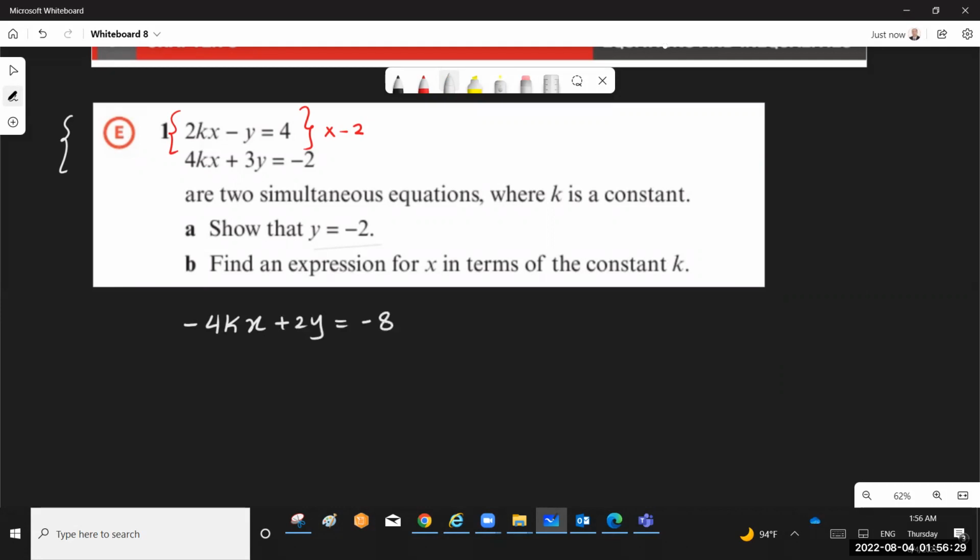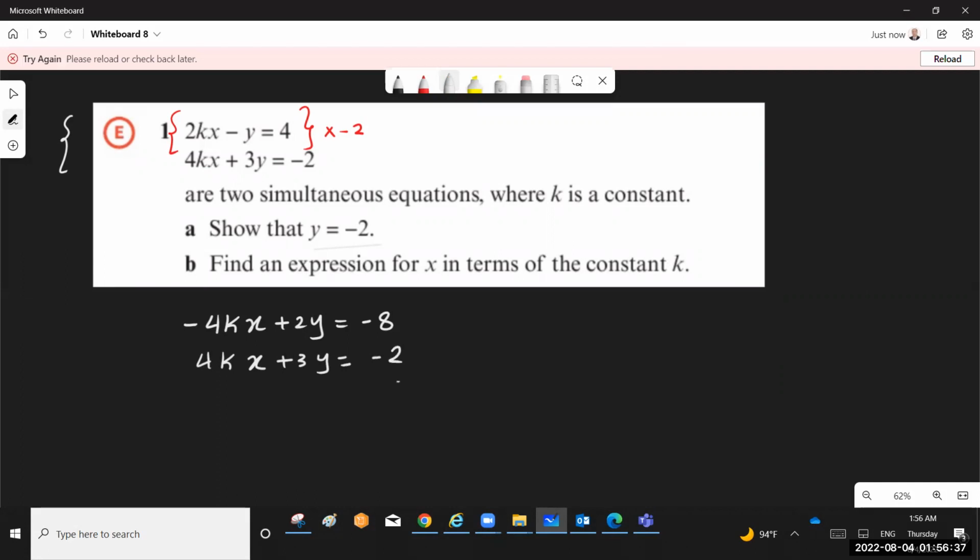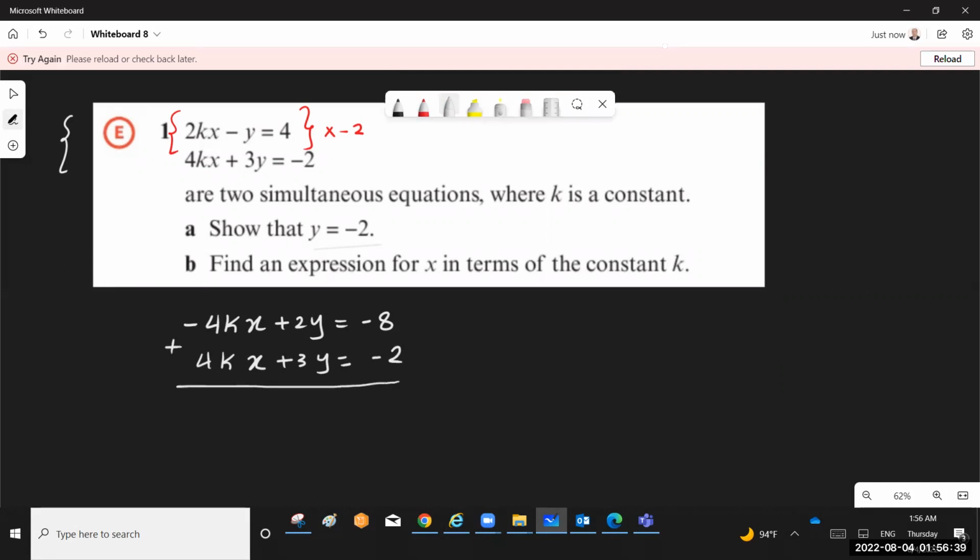And just copy the other equation, 4kx plus 3y is equal to -2. By adding the two equations, the x is cancelled, so you have 5y is equal to -10, so y is equal to -2. So the value of y is -2.